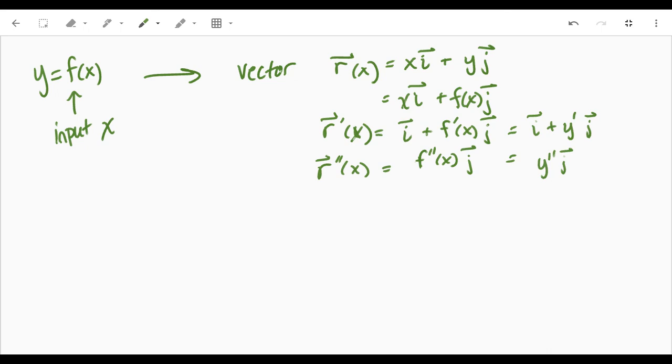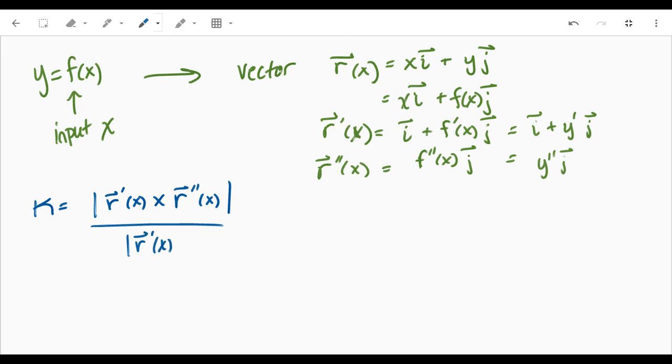So if we go back to that curvature formula, the magnitude of r prime of x crossed with r double prime of x, it doesn't matter if it's t, x, theta, whatever, over the magnitude of r prime of x cubed.